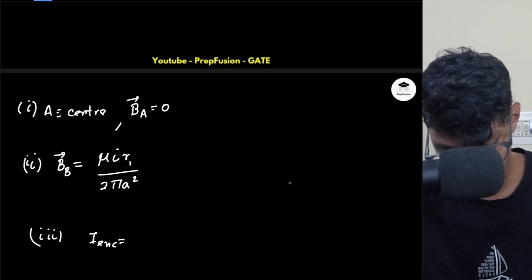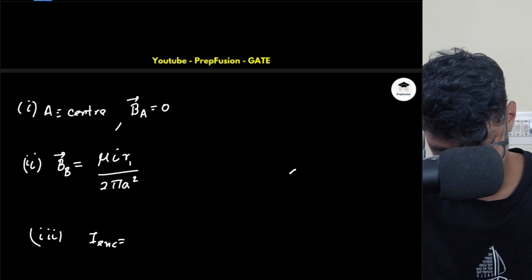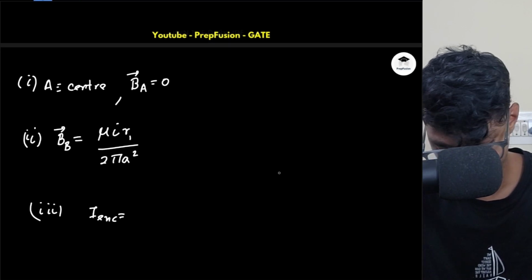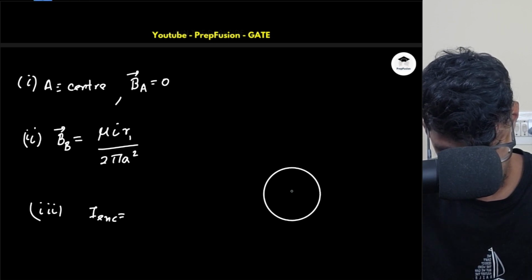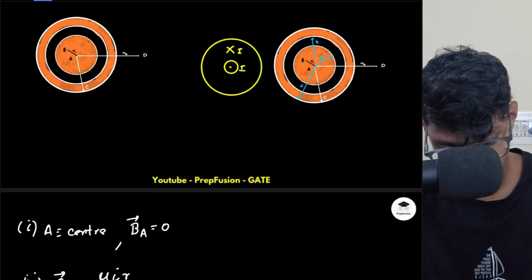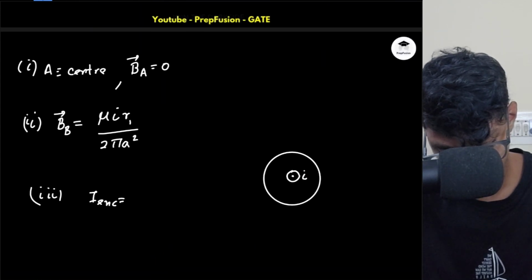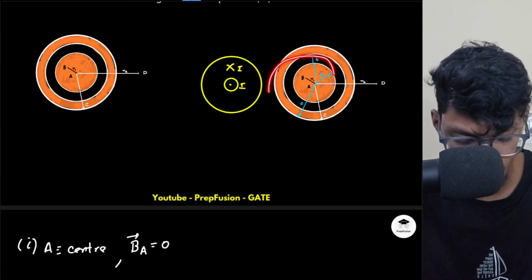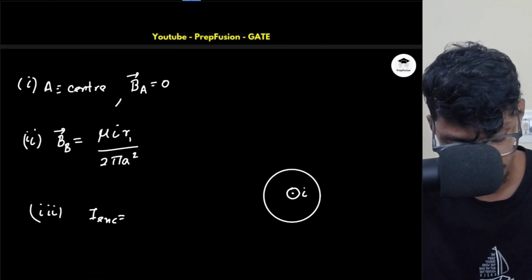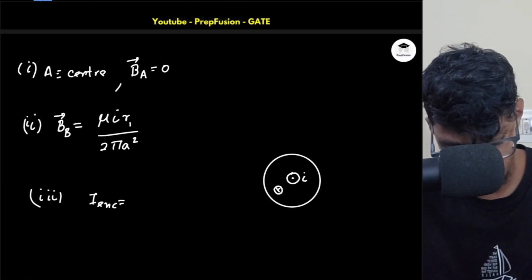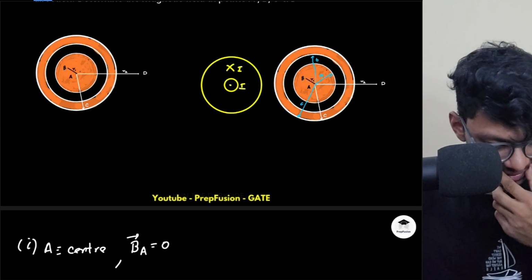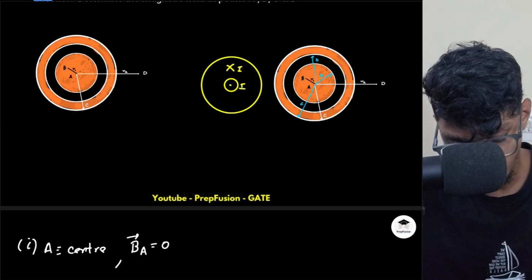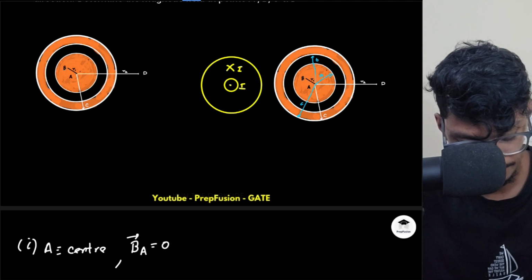So here if I choose an Amperian loop, which is a circular Amperian loop of radius C, then this current that I have assumed to be incoming is of magnitude I, and another current of equal magnitude but in opposite direction is also there, coming out of this Amperian loop, the cross, which is also I. Okay, so overall I enclosed at this point C, right?